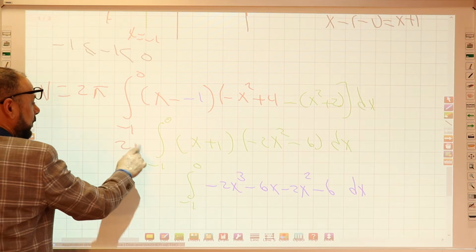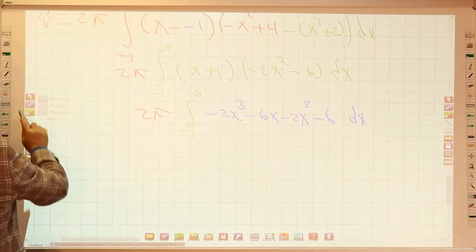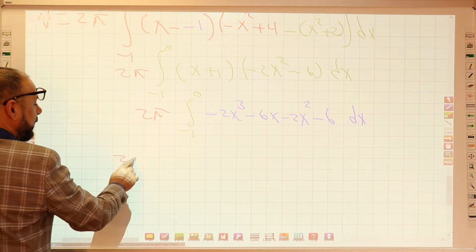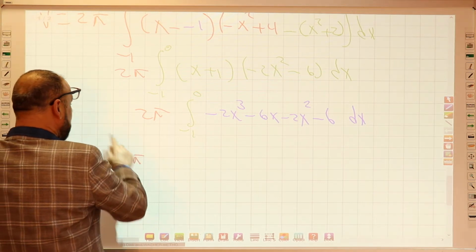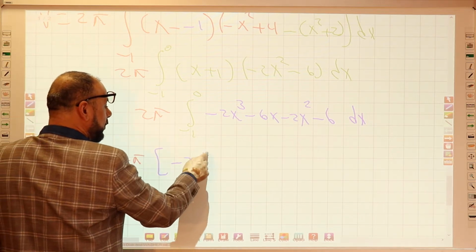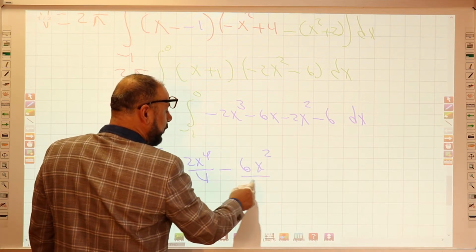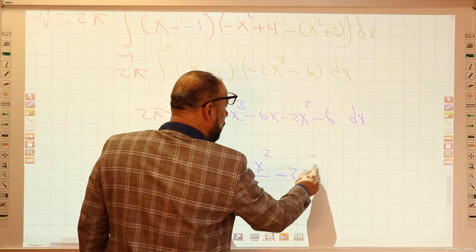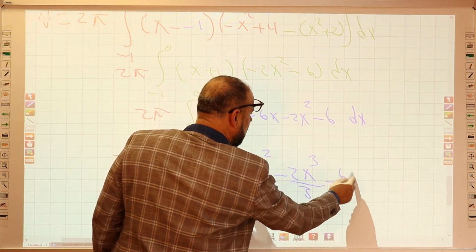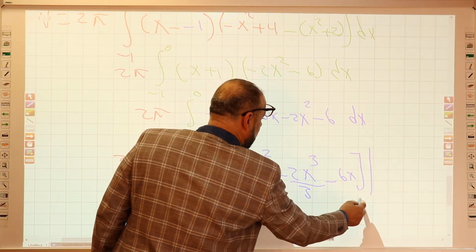Do the integration: 2 pi times negative 2x to the 4th over 4, 6x squared over 2, 2x cubed over 3, minus 6x, from negative 1 to 0.